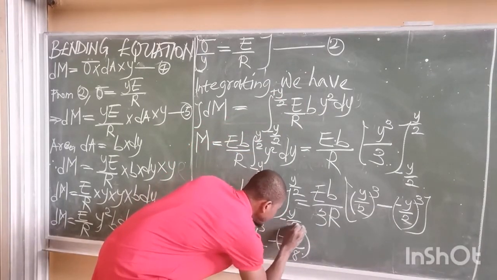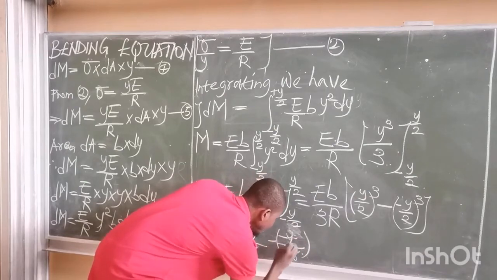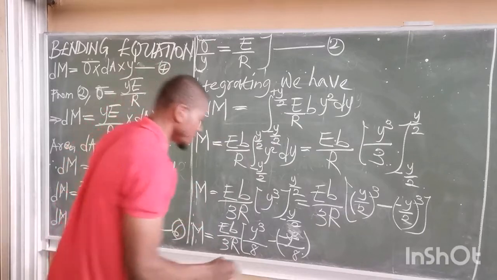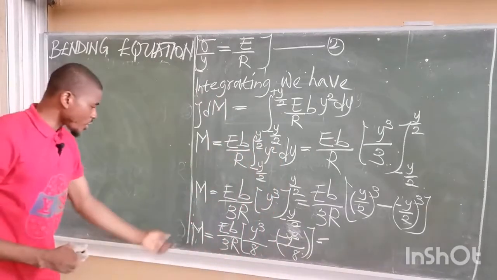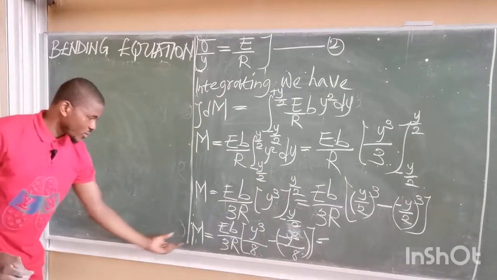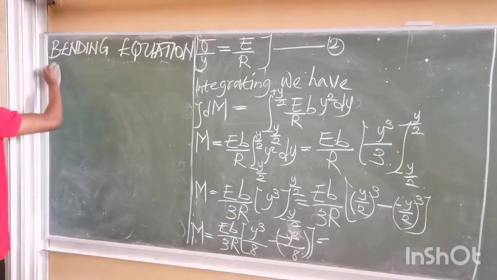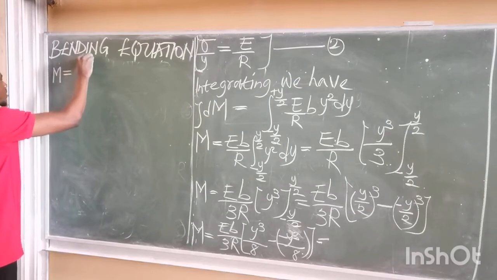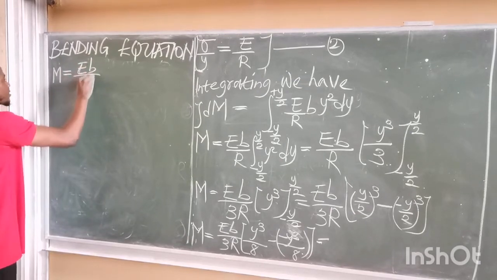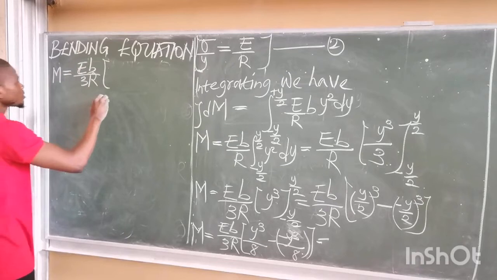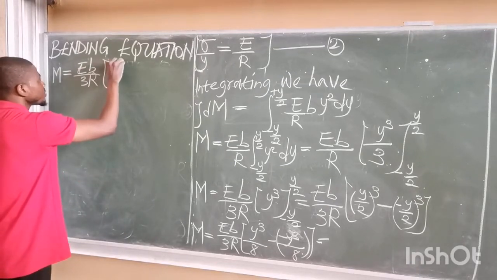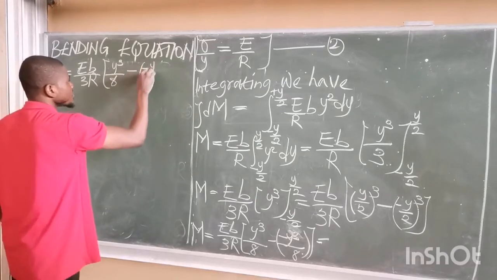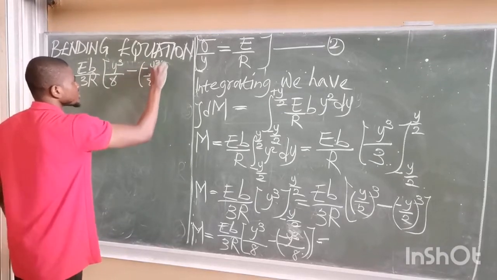All right, so we obtain this equation. Let's continue from here. Moment is simply equal to E B over 3R into, we simply have y cube over 8 minus, minus y cube over 8.